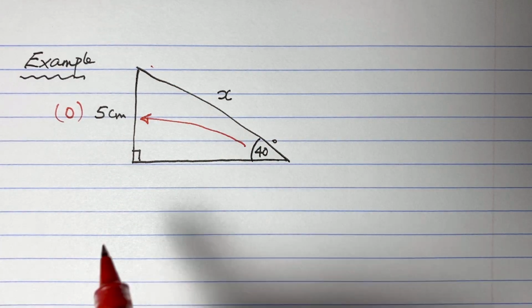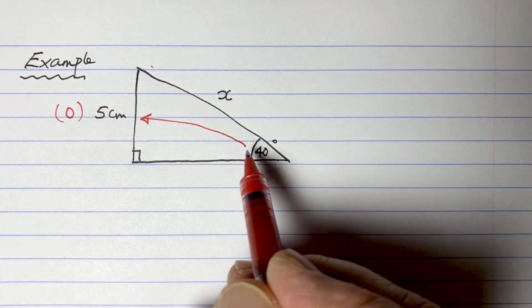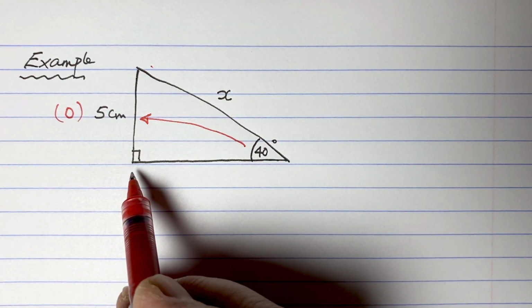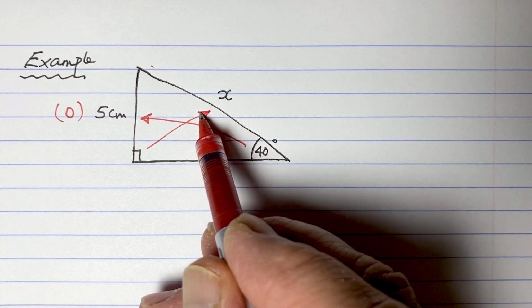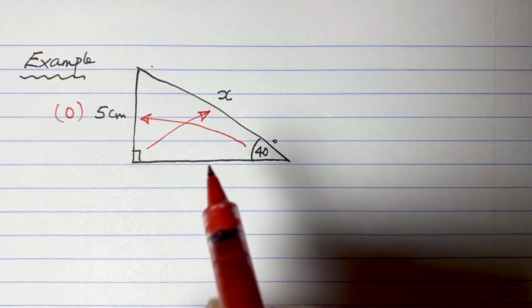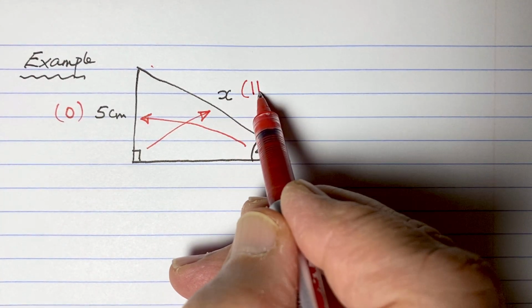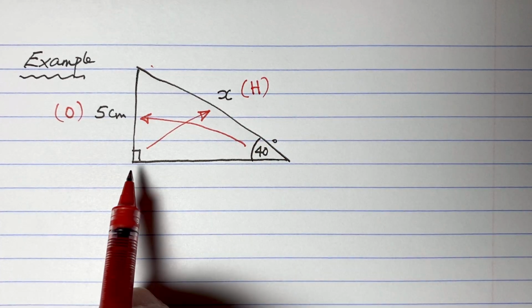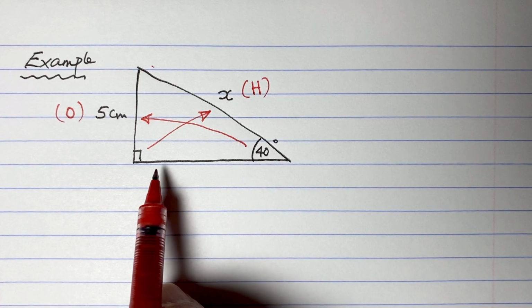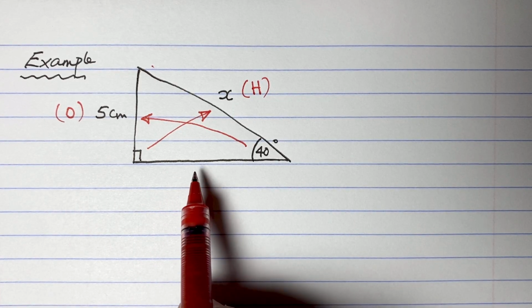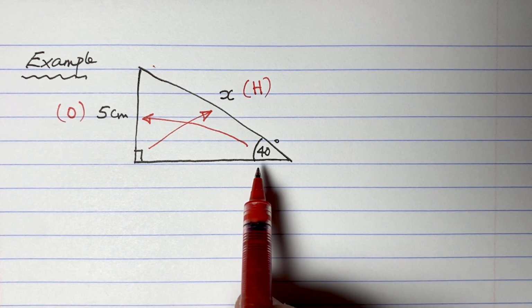Opposite is the side at the end of the 2 arms of the angle. We all know from Pythagoras that the side opposite the 90 degrees is the hypotenuse, so I'll call it H. The side which is not given, not needed, do not label. Do not label A, although it is A.